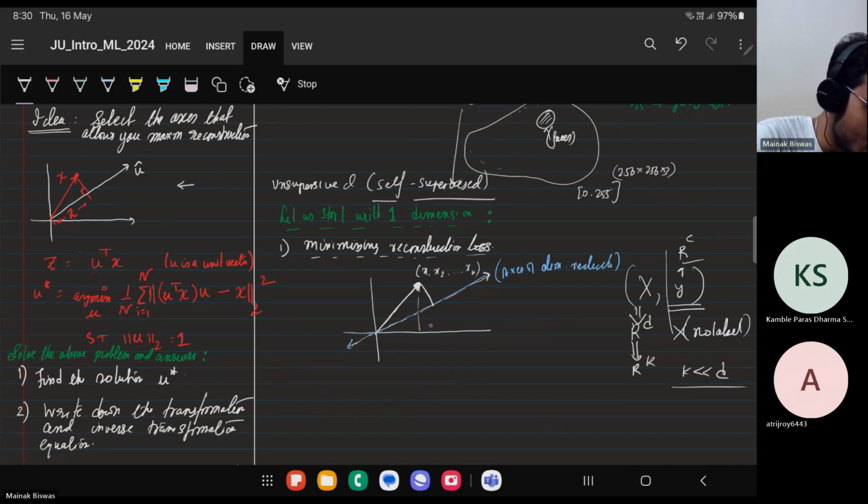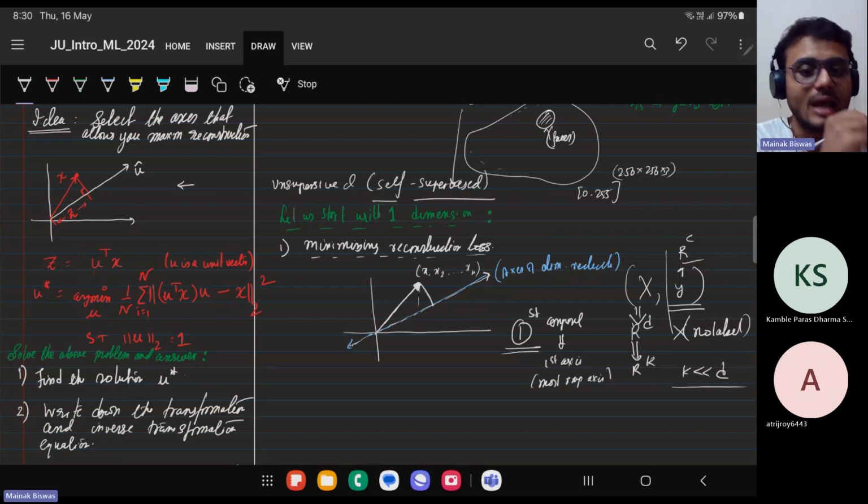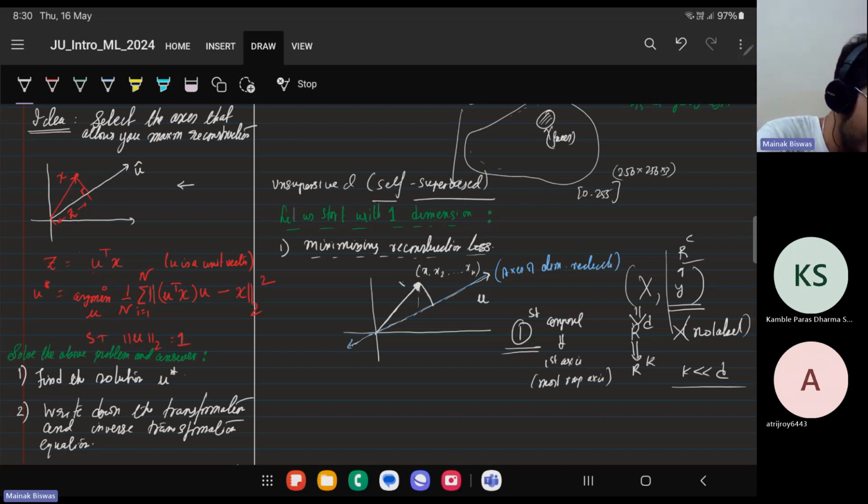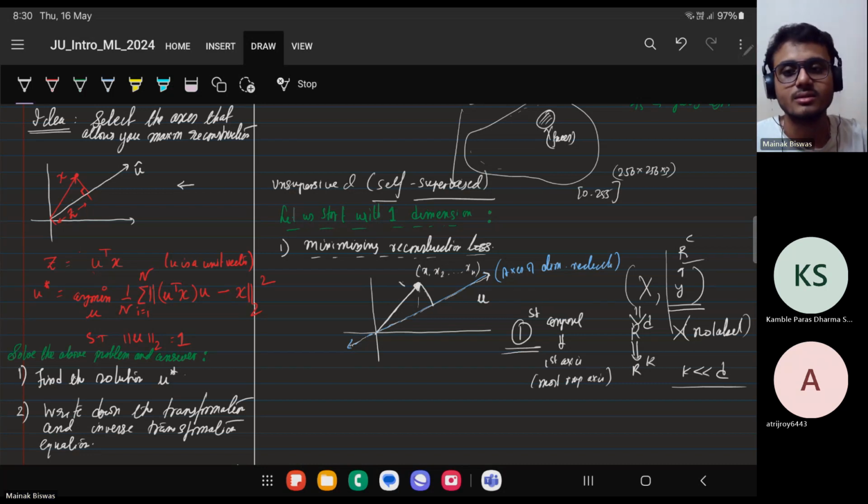I'm saying, say I'm taking the first component only, or the first axis, or the most important axis. Now say I have given you that axis, u is the axis. Tell me what would be the component of the data x on that axis. This is why we have done linear algebra so nicely, and statistics also we'll see why it is essential.